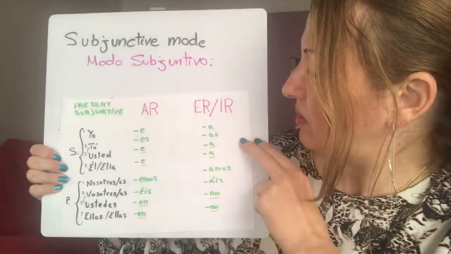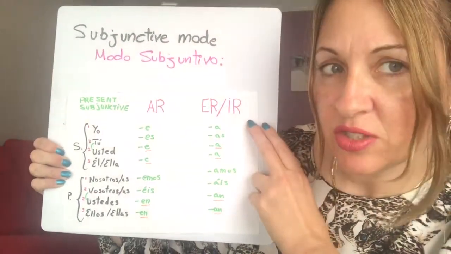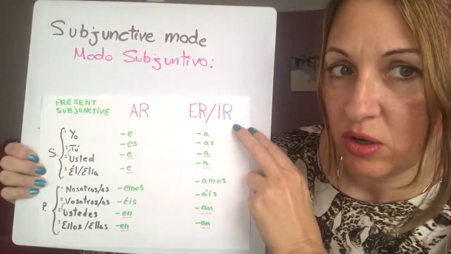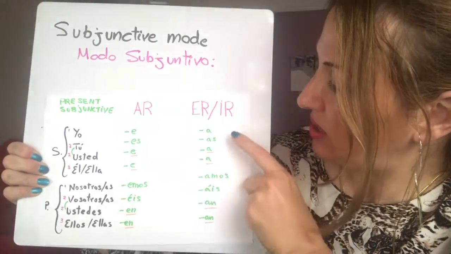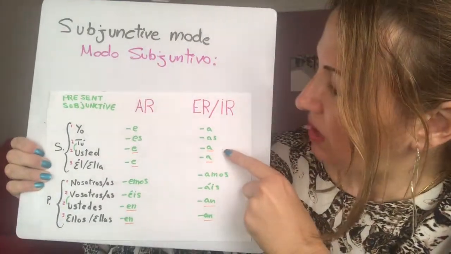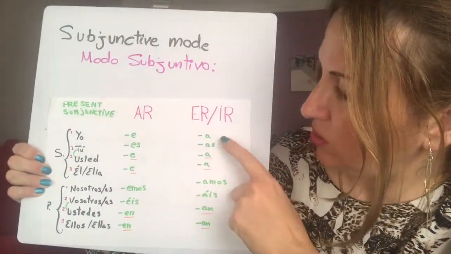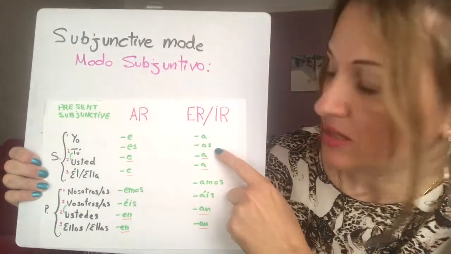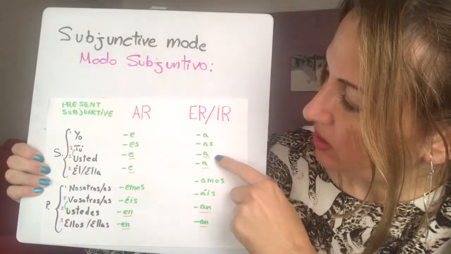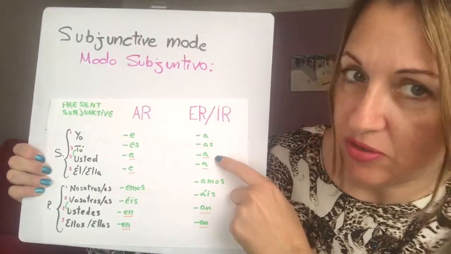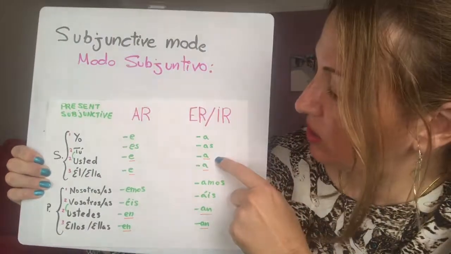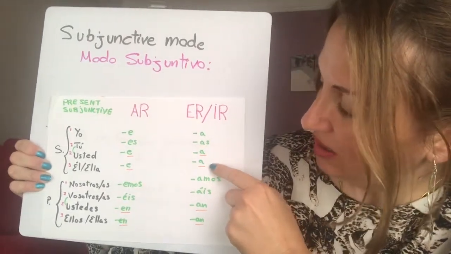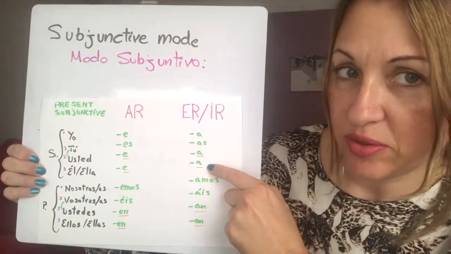Here, I've written all the endings for the verbs that belong to the conjugation er or ir, and these are the endings that apply to each person. So for yo is a, for tú is as, and for usted, the formal you in the singular group, is a as well, but also is a on the third person of that group.